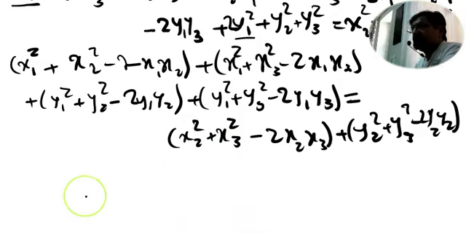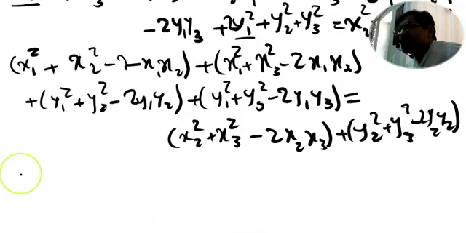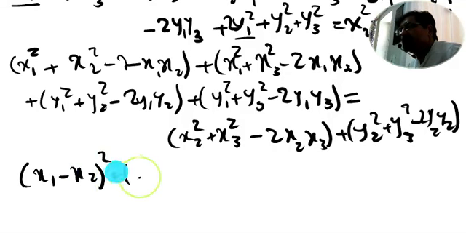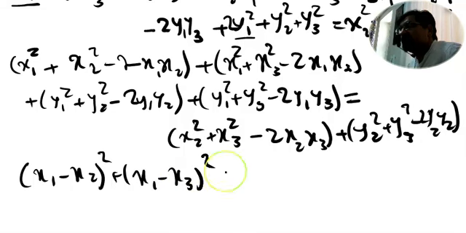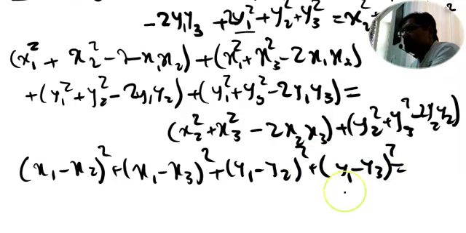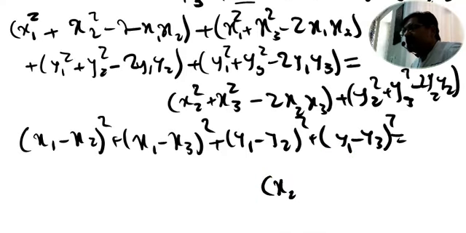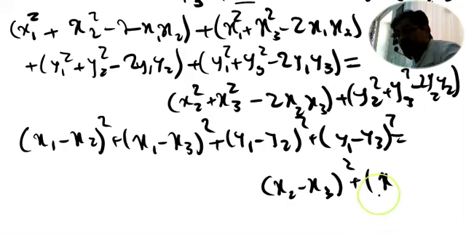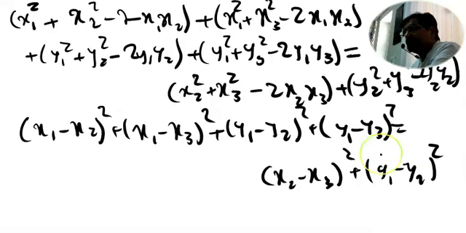Okay, the one step remaining. x1 minus x2 square plus x1 minus x3 square plus y1 minus y2 square plus y1 minus y3 square equals x2 minus x3 square plus y2 minus y3 square.